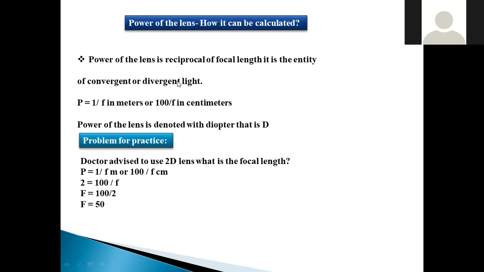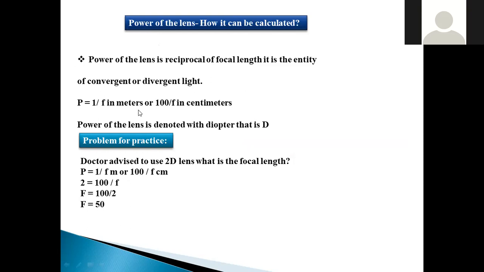Now let us see another short topic of the human eye, that is the power of the lens. Whenever a person is suffering from myopia or hypermetropia, we have to use a suitable lens. In order to choose the suitable lens, we have to check its power.